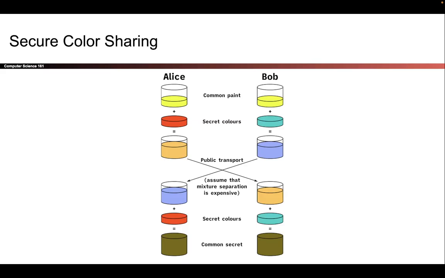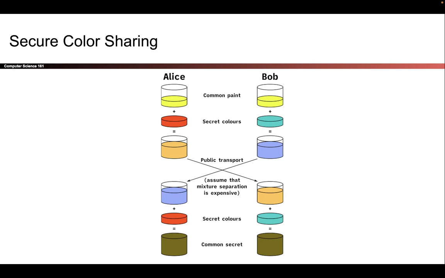Now, if you're Eve and you're eavesdropping, what do you see? You see the orange, which is a disguised secret, and you see the blue, which is a disguised secret. And the trick that makes all of this work is to assume that it's hard to separate out paint colors. So even if I know that the blue is a mix of yellow and something else, there's no way to separate out the paint and remove the yellow to get the original color back.